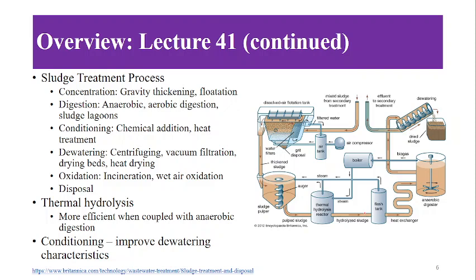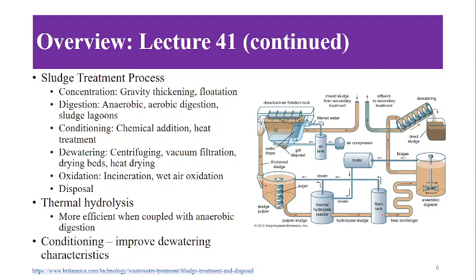Because of the sudden reduction in pressure, the cell walls of the solid material present in the sludge get ruptured. Because of this, there is a higher chance of digesting these solid materials. So you get clear water through this also.